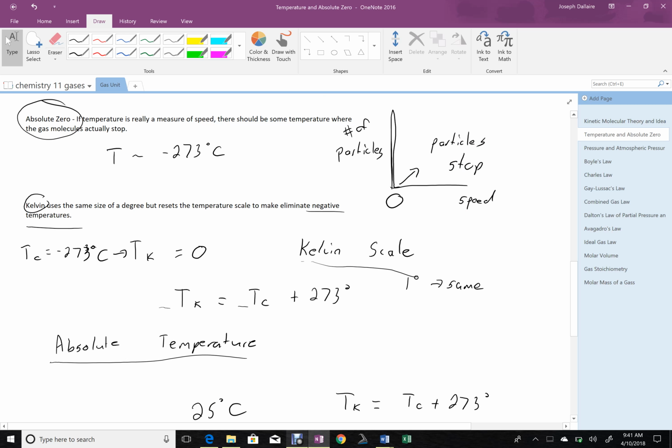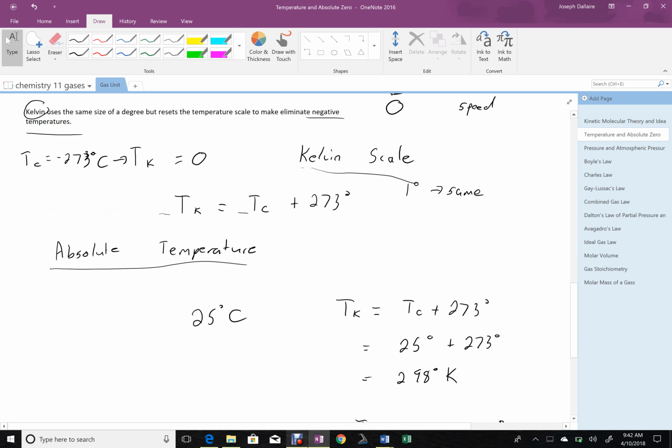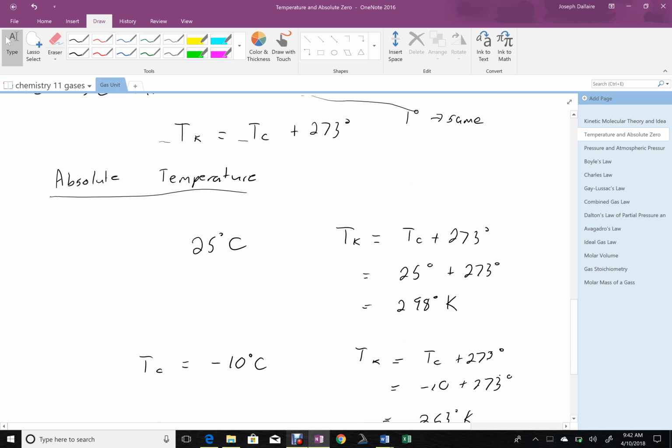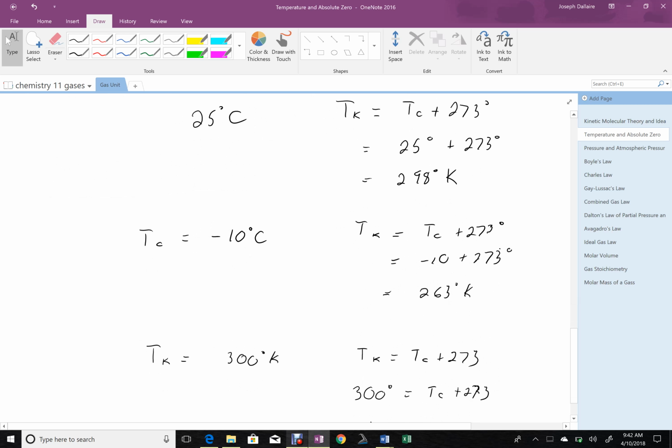And if temperature means speed, there must be some temperature that we associate with stopping. That temperature happens to be minus 273 degrees. And so Kelvin said, well, let's reset the scale so that minus 273 degrees is really 0, and so then we don't have to have any negative numbers in our temperature. This is important for doing ratios, and so we will always have to convert to Kelvin before we can use our gas laws.